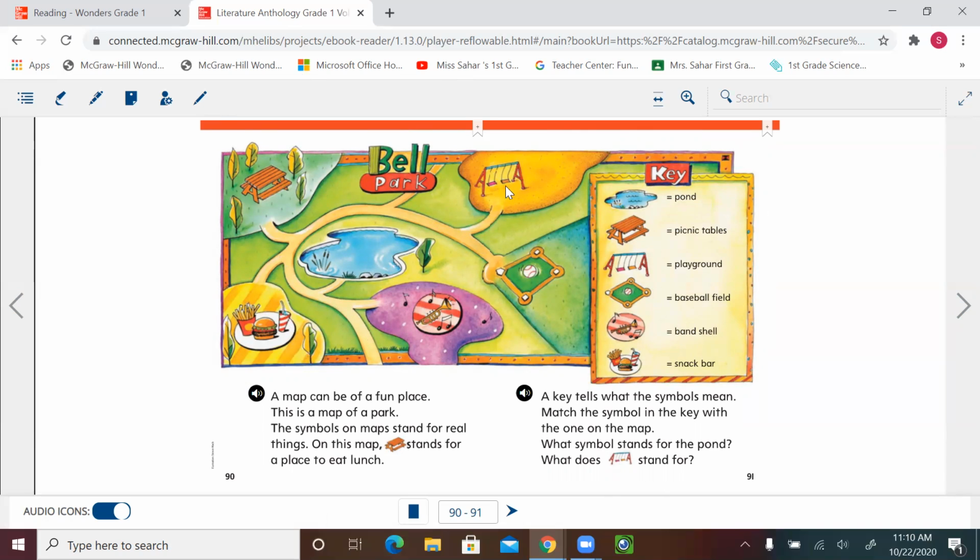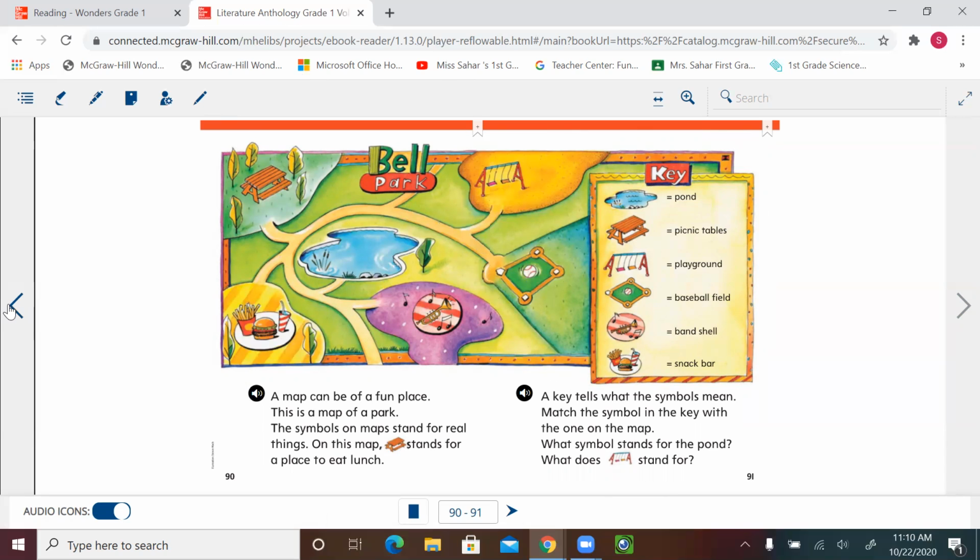If I want to go to the playground and play, this is where to go. If I want to buy a snack, I know where to go. So the map of the park helped me to find my way and to enjoy my time. You know where you're gonna go, what you're gonna do, what you're gonna shop for, or where you're gonna rest, where you're gonna play and have fun, or where you can listen to the music.